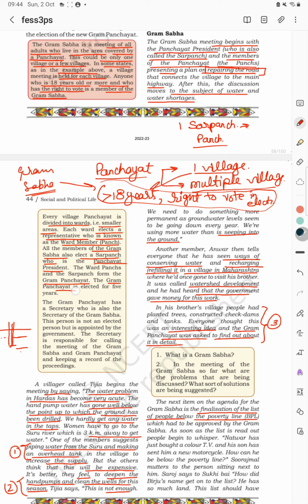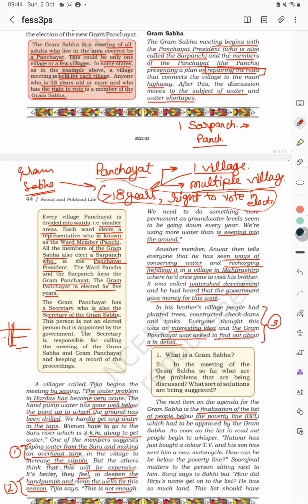The Gram Panchayat is elected for 5 years, as we have seen earlier. Gram Panchayat has a secretary who is also the secretary of Gram Sabha. So basically Gram Panchayat and Gram Sabha have a common secretary.